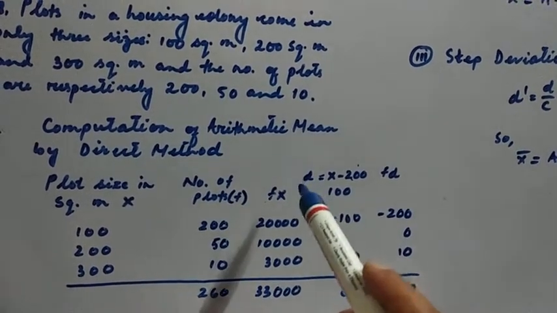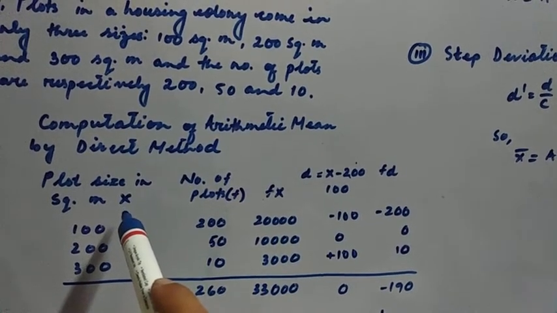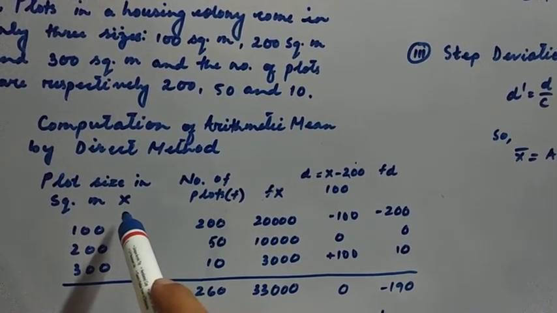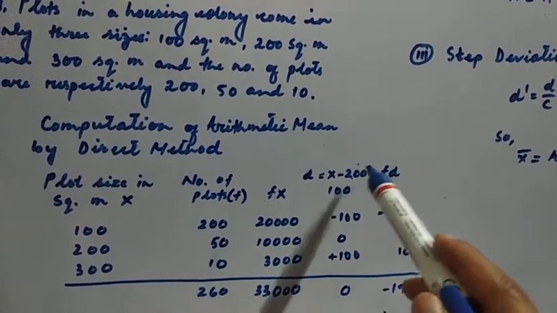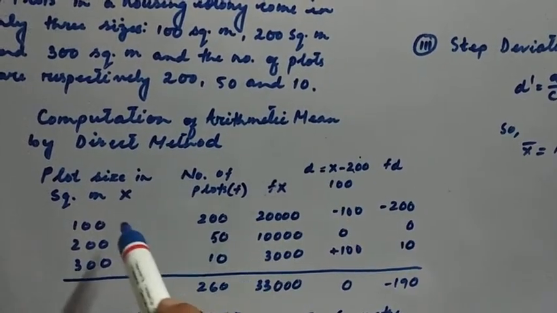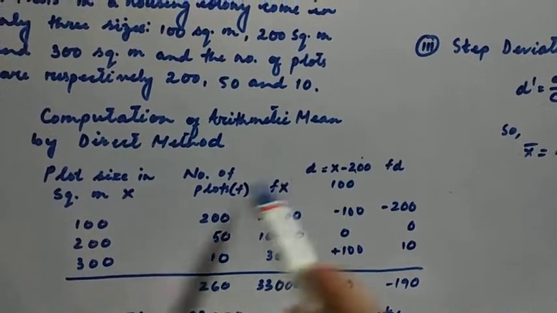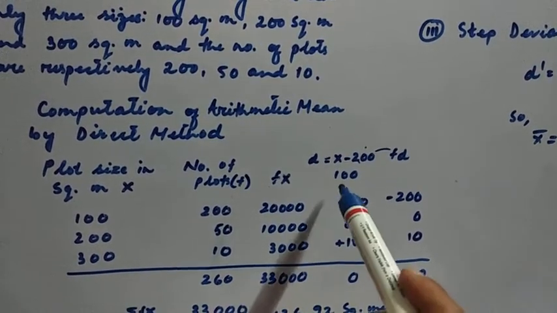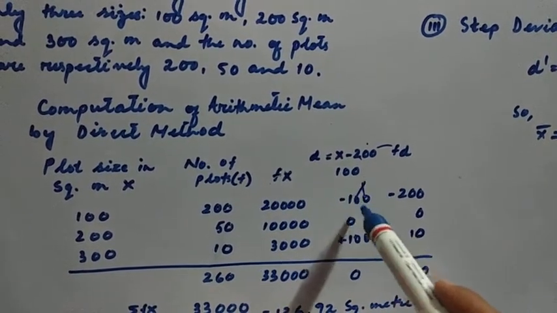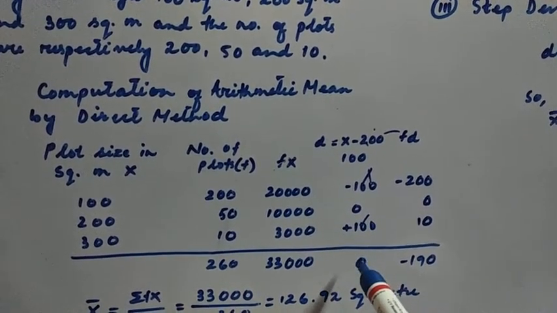So to get this d, we subtract these two numbers, that is x, the variable here, and our assumed mean, and you will get d. So 100 minus 200 is minus 100, and then 200 minus 200 is 0, and then 300 minus 200 is plus 100, and these cancel, so our summation d is 0.